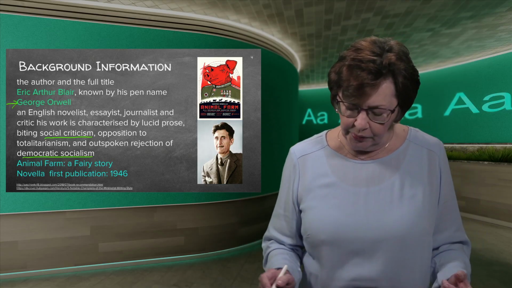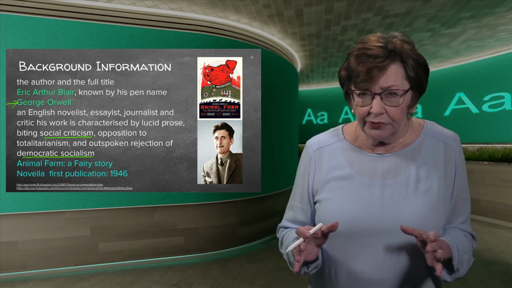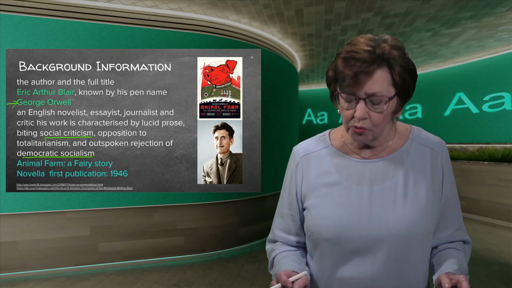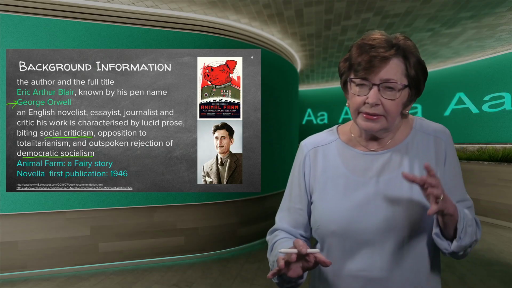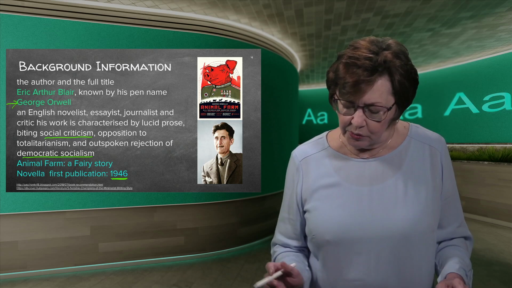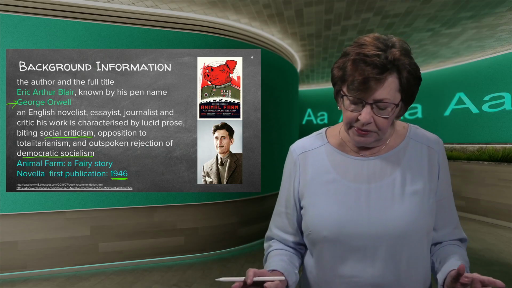He wrote this book more or less after it came out. It was published just after the Second World War. So you place it more or less in context. So it was published in 1946, and that's going to have some bearing on the book here.